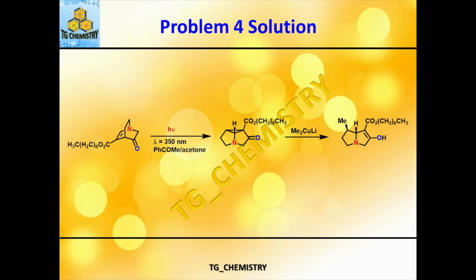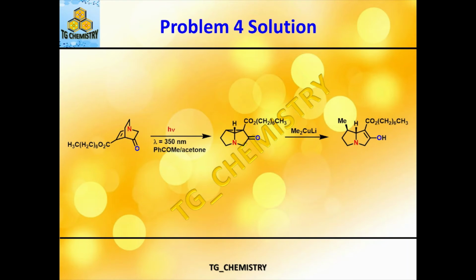So here is the full course of the reaction. If you can see, the quinuclidinone first, on photoirradiation and in the presence of a photosensitizer and the solvent mixture of acetophenone and acetone, will yield the cyclopropane fused pyrrolizidine compound, which is itself very important and present in numerous biologically active alkaloids.